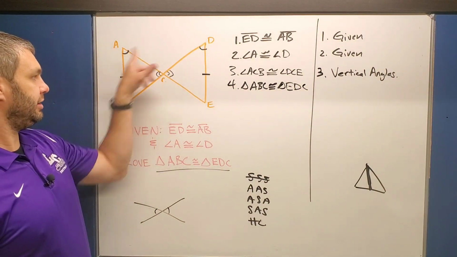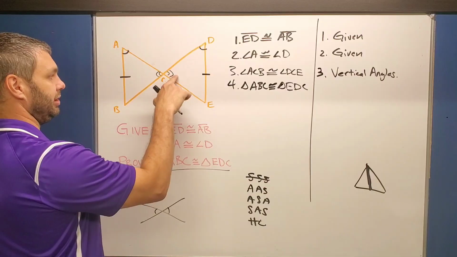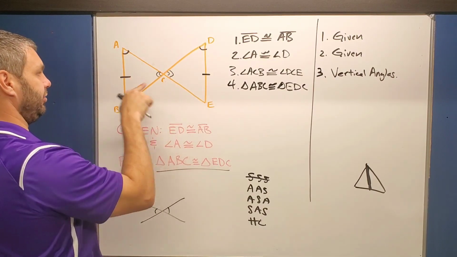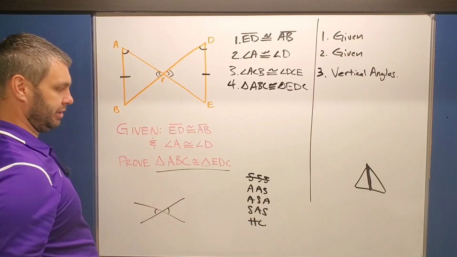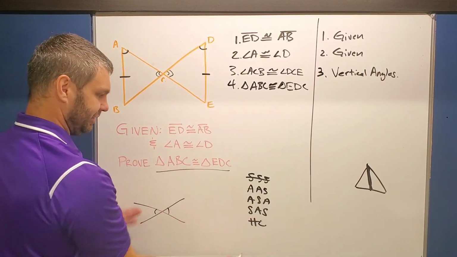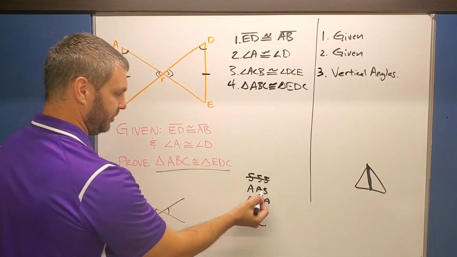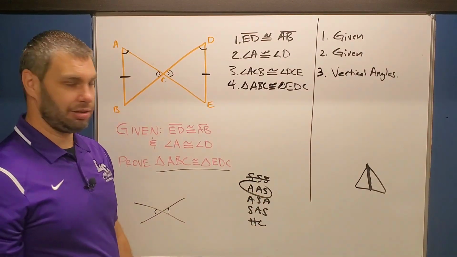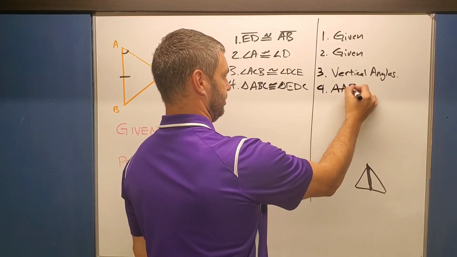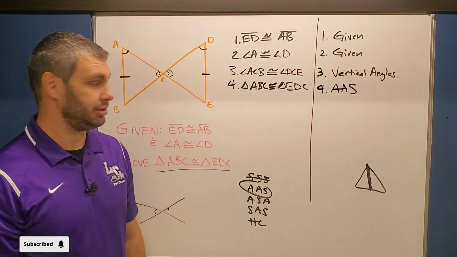If I were to follow these different parts around, let's start with maybe this one. This is an angle, that's an angle, and then a side. If I do it the other way, an angle and a side. Now if you do it the wrong way, that's fine. Side-angle-angle isn't one, but you can always reverse the order. And so AAS, or angle-angle-side, is the reason that those two triangles are congruent.